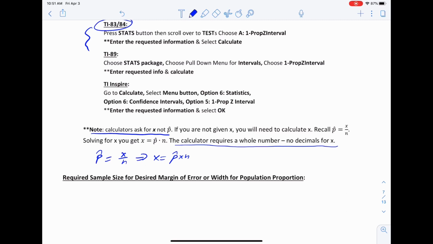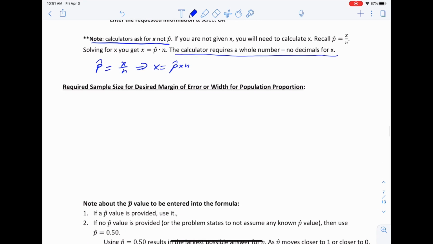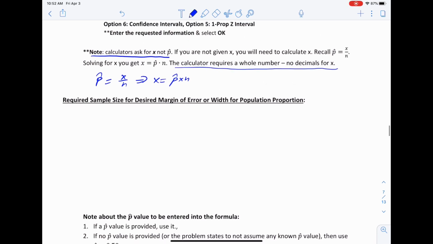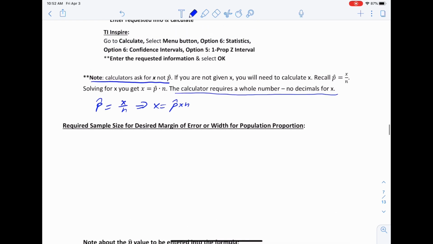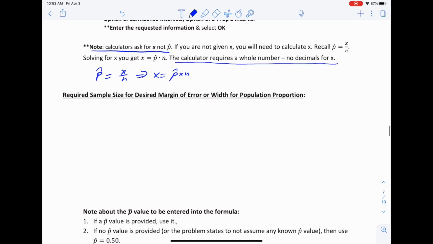Now let's talk about how to calculate the required sample size for a desired margin of error or width for a population proportion. Now just like our previous section, we use a similar result here. Now here we know the confidence interval is proportion plus minus margin of error.